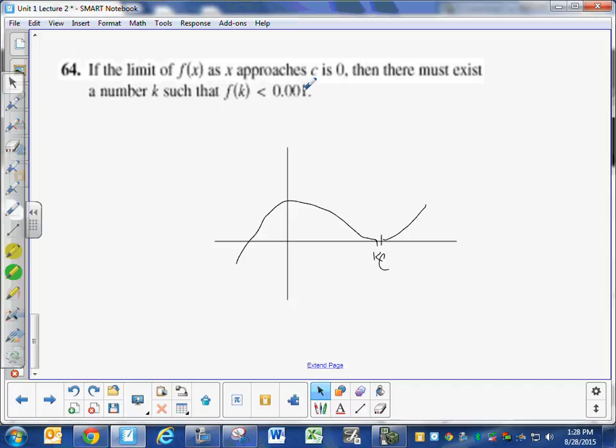Yes, definitely. No matter what my graph looks like, if I know I have a limit at C that's equal to 0, I know that if I just go just to the right of C, C plus 0.000001, my y value is going to be really, really close to 0. Might be positive, it might be negative, but it'll definitely be less than 0.001. Okay?